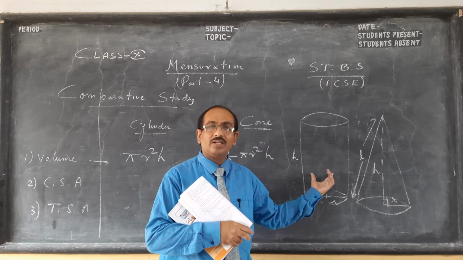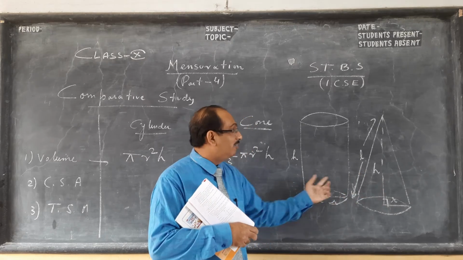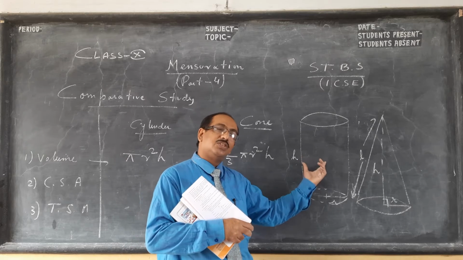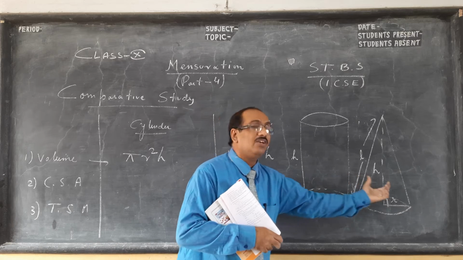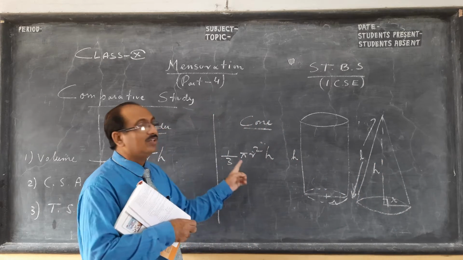So if I melt a cylinder with same base and same height as that of the cone, I will get 3 cones. If I melt 10 cylinders, suppose this is a solid cylinder, not like a water pipe, 10 will give you 30 solid cones of same base and same height. So this conversion is very easy.